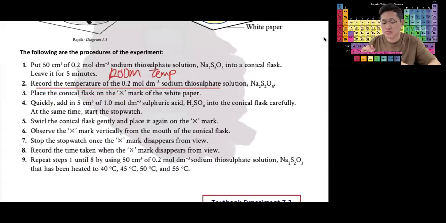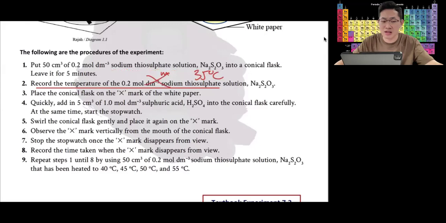They can ask you to start from maybe not room temperature. They can ask you to start from 35 degrees Celsius if they want, 30 degrees Celsius also can. Then you may need to heat the sodium thiosulfate solution to this temperature first for your first set of experiment. So read the question carefully. Don't memorize blindly and put in the data.